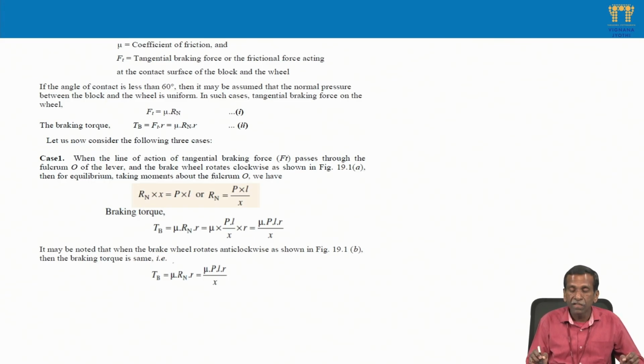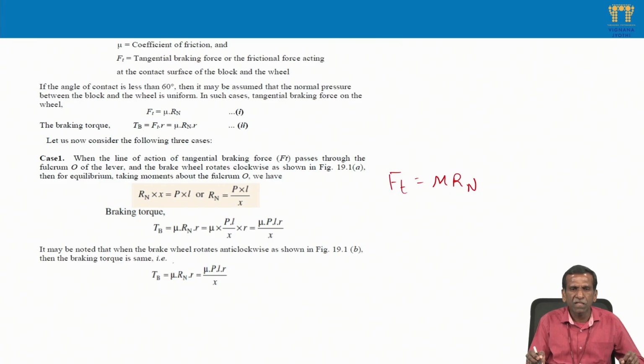If the angle subtended by the shoe on the wheel, 2 theta, is less than 60 degrees, then we can assume the normal pressure exerted on the block or on the wheel is uniform. In such cases, we can write Ft is mu Rn, as you know that friction force is coefficient of friction times normal reaction.